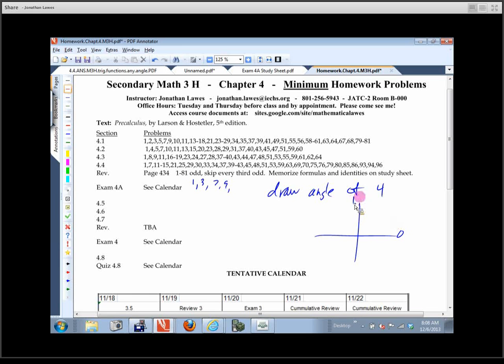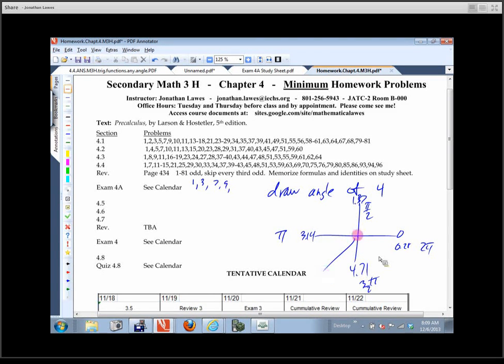This is 1.57, or pi halves. This is pi, so 3.14, and this is 4.71. So again, we got pi halves here, we got pi here, and we got 3 pi halves here. And all the way around would be 6.28, or that would be 2 pi. So 4 would be about right there in the third quadrant.